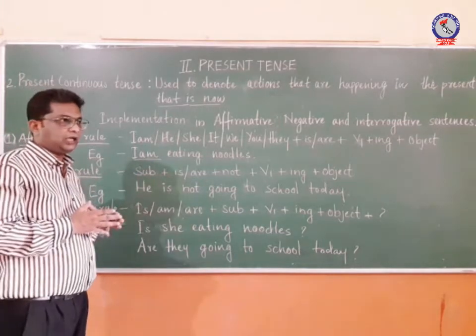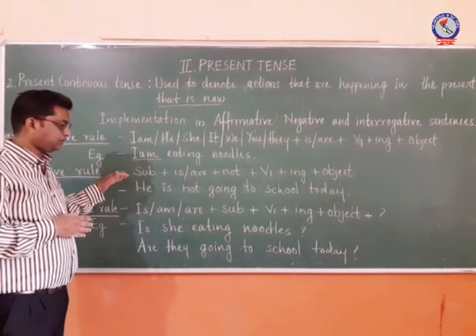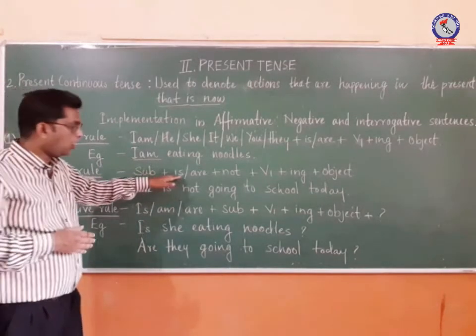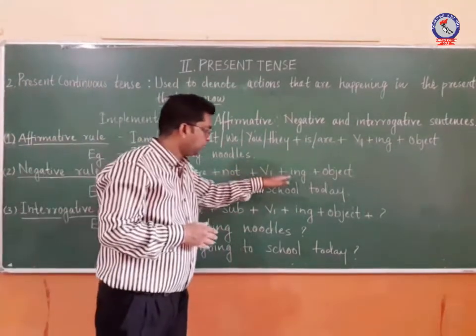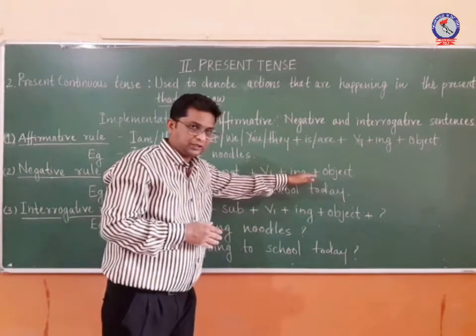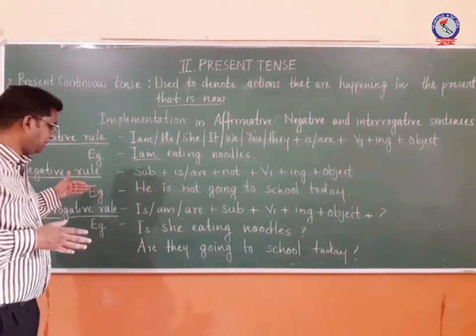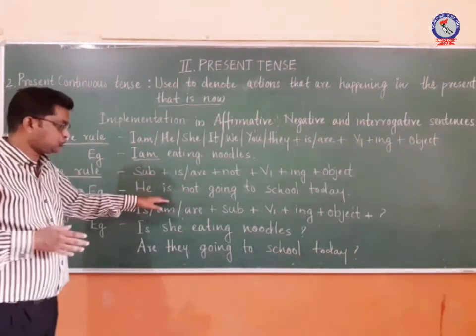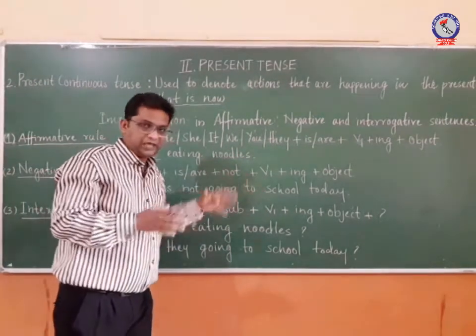Now let's see the implementation of present continuous tense in negative sentences. The negative rule is subject plus is or are plus not plus V1 plus ing plus object. Now this is the negative rule. See one example. He is not going to school today.